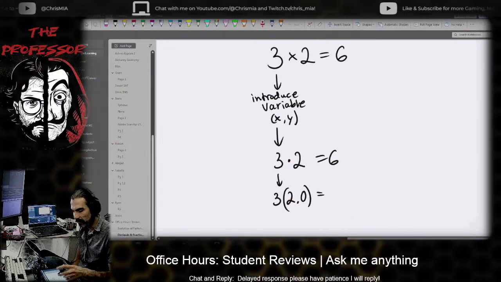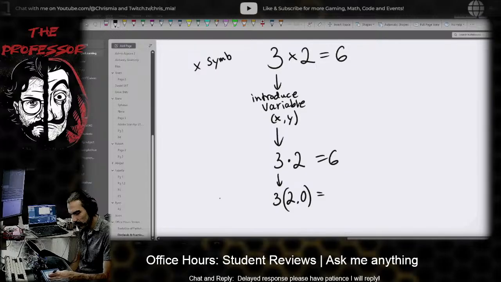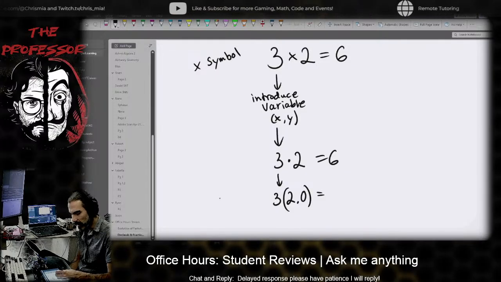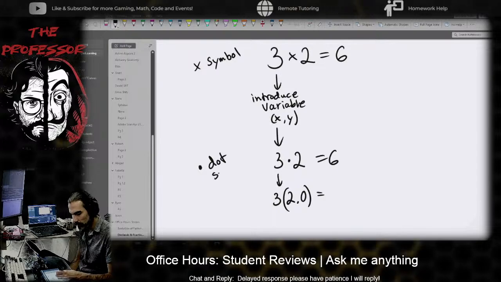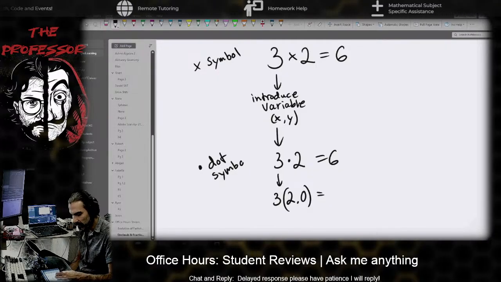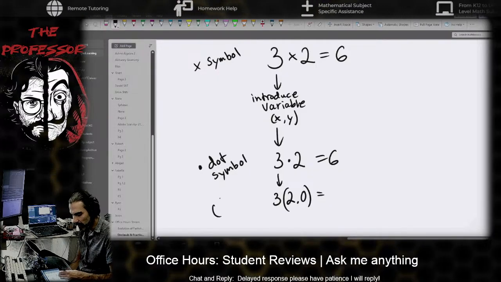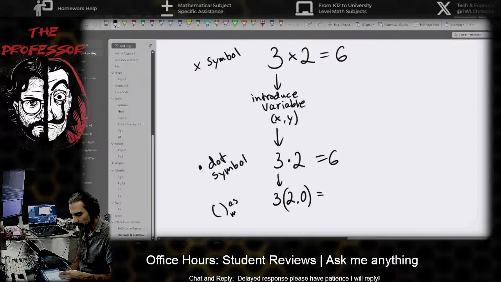So we go from a symbol to basically using parentheses as multiplication.